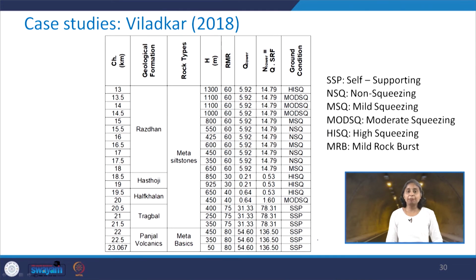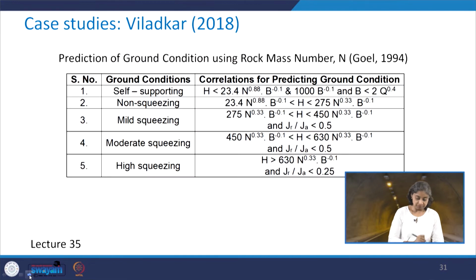So, you see the complete chainage from 0 to 23.067 kilometers was analyzed, and you can see that in some of the zones you had the occurrence of high squeezing ground condition, and here also. So, accordingly you have to take a call on deciding the support system.